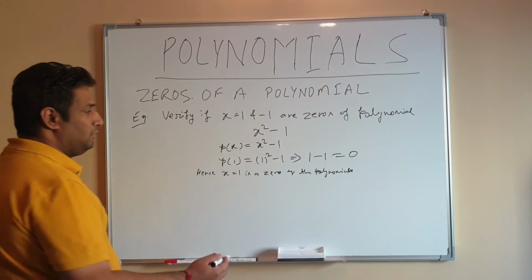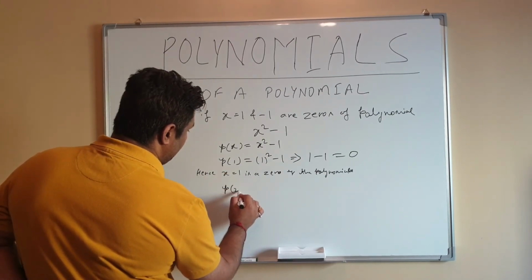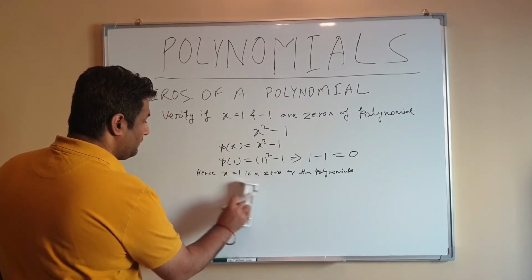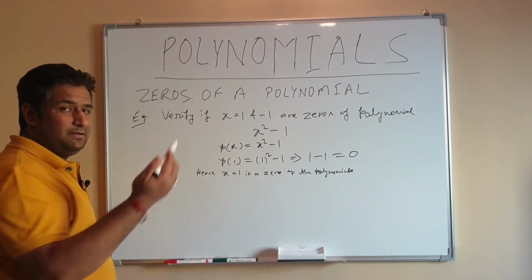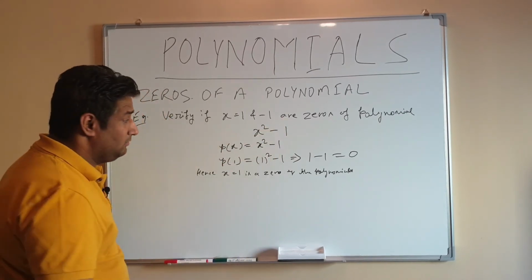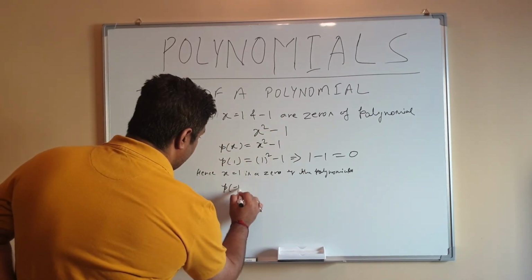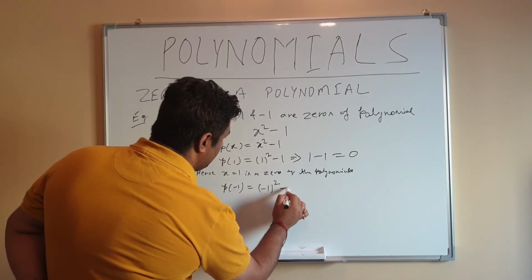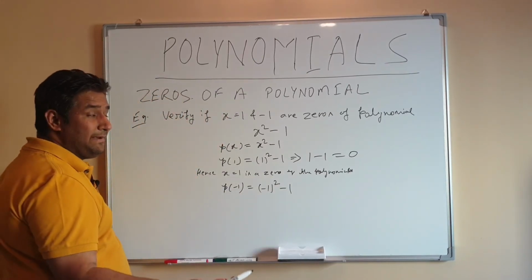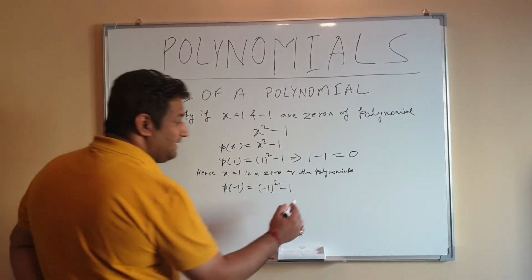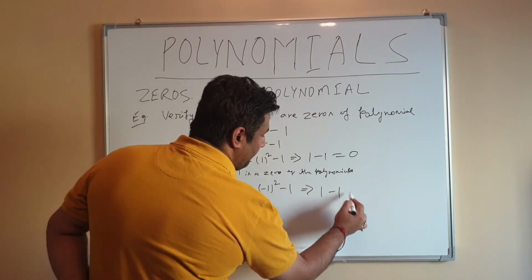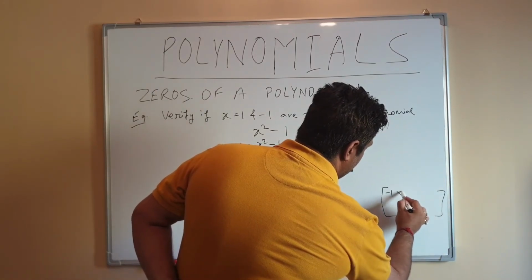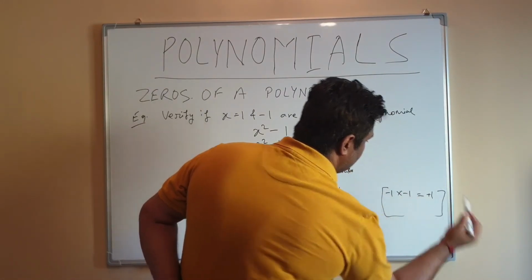Okay, now let's do the next one, which is at x is equal to minus 1. So p of negative 1 is going to be, now in place of x I'll write negative 1. So negative 1 whole square minus 1. Now negative 1 whole square is going to be negative 1 times negative 1. That's going to be a positive 1, right? Because we know that negative 1 times negative 1 is positive 1, correct?